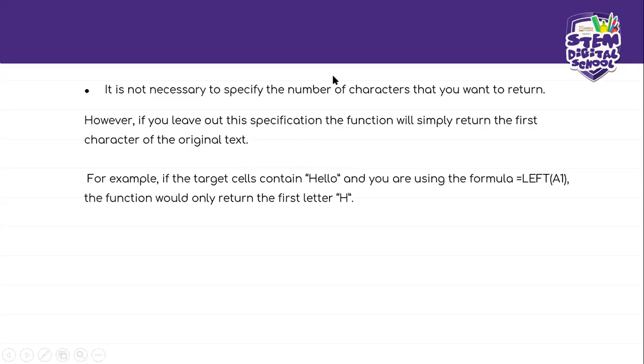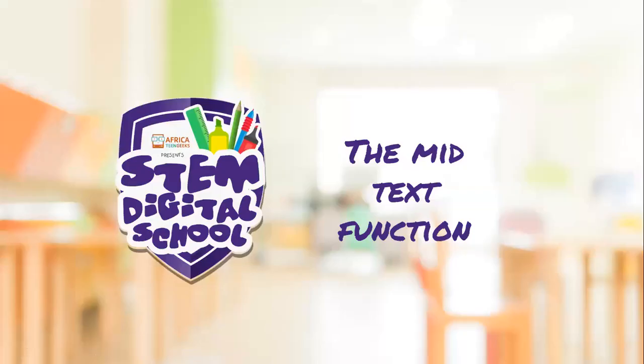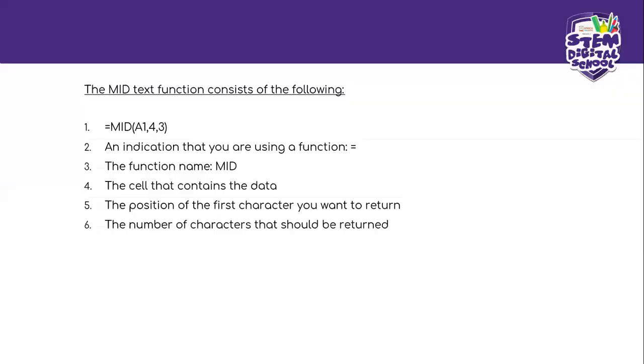Now, let's see the next one. The MID text function. So we are done with the LEFT and the RIGHT text functions. Now we are looking at the MID text function.